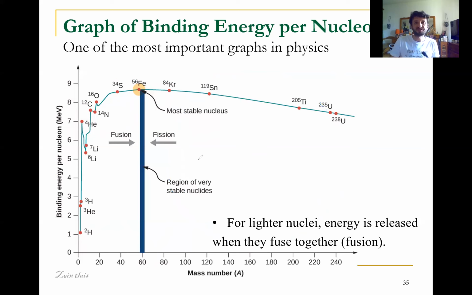If you want to do a nuclear fission reaction, you have to choose a heavy element. For example, in general, in the case of nuclear fission, you take uranium-235 because the nucleus is relatively large.